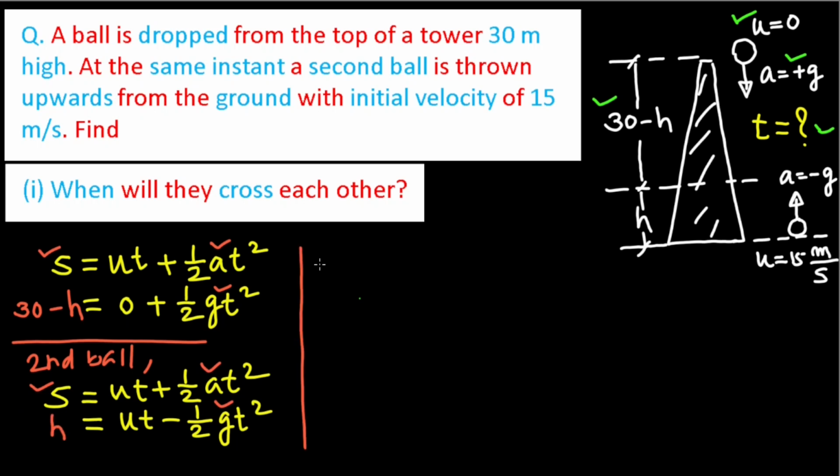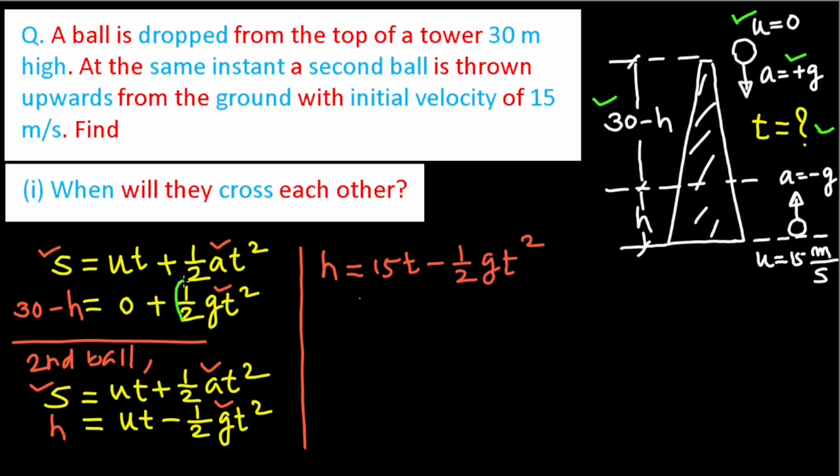Initial velocity of the first ball is 15, so we write h equals 15t minus half gt square.